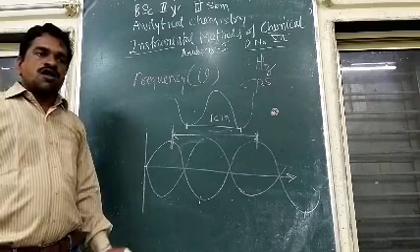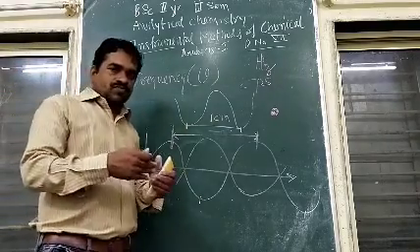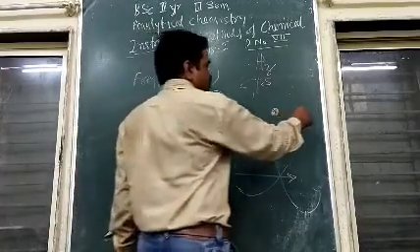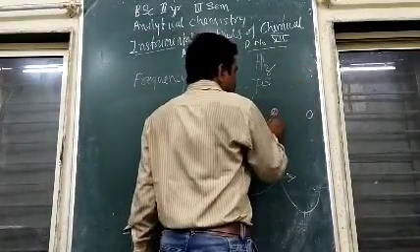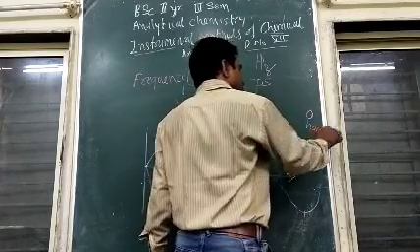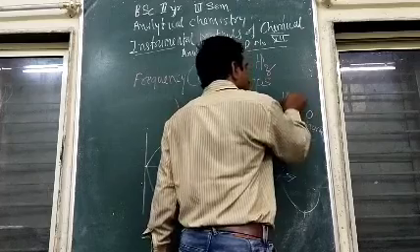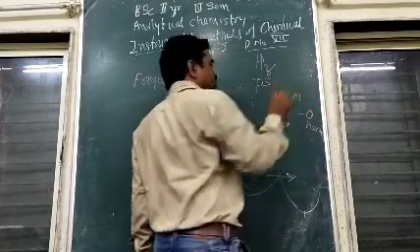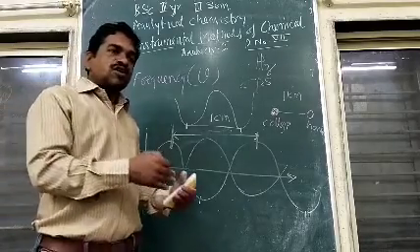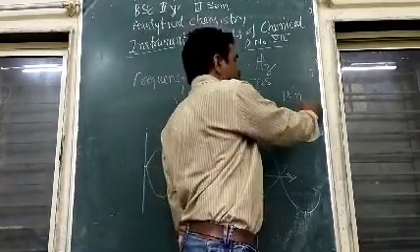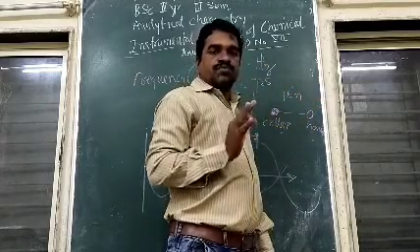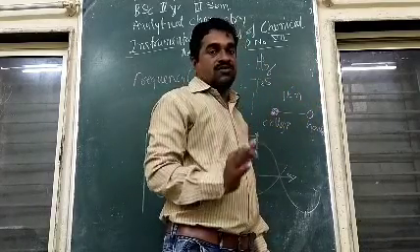Okay. Firstly, we will see this. Suppose this is the college. This is your home. This distance is, suppose, 1 kilometer. Now you have to go to college and back home continuously during 1 hour.